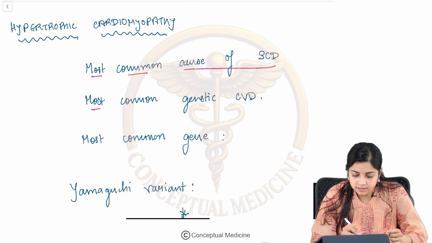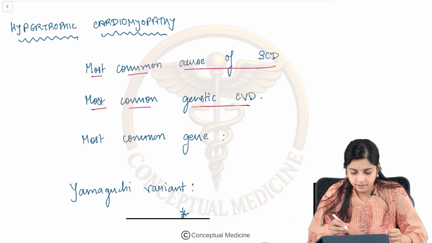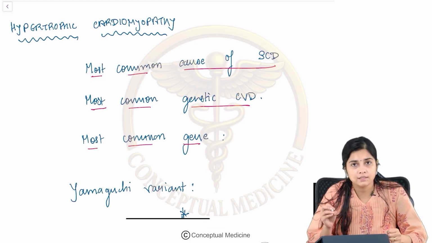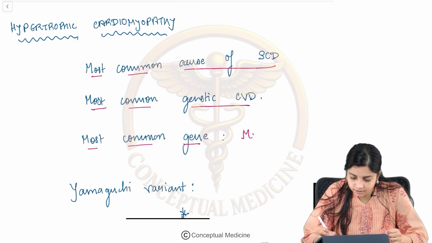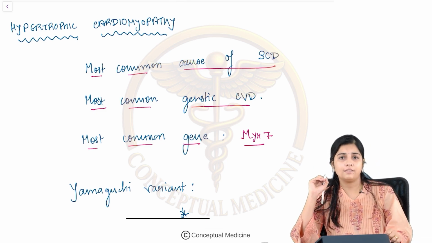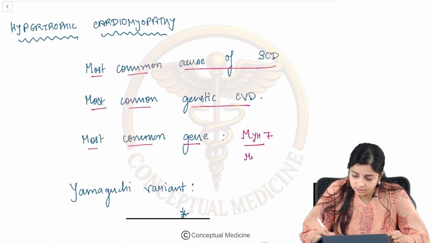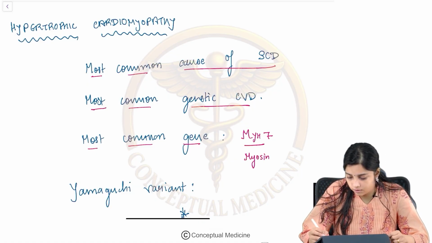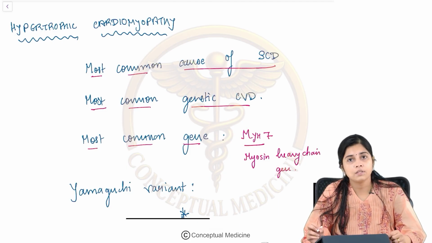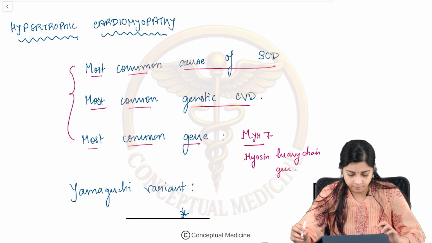This is the most common genetic cardiovascular disease as well. The most common gene involved is the MYH7 gene, which is the myosin heavy chain gene. Okay. So this is about the most commons for hypertrophic cardiomyopathy.